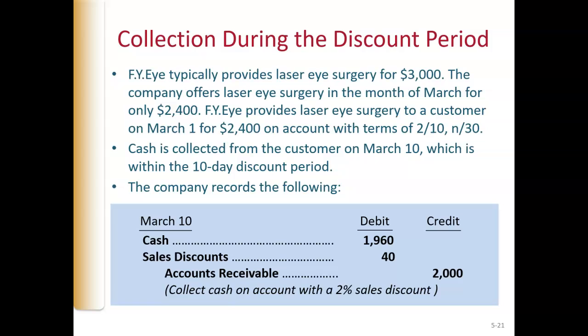So let's say FYI provides laser surgery for $3,000. The company offers laser eye surgery in the month of March for only $2,400. FYI provides laser surgery to a customer on March 1st for $2,400 on account with terms 2/10 net 30.